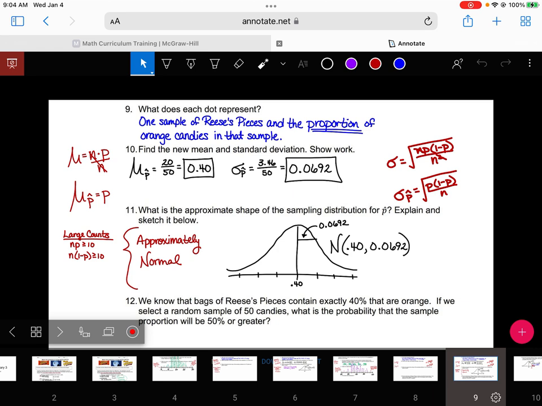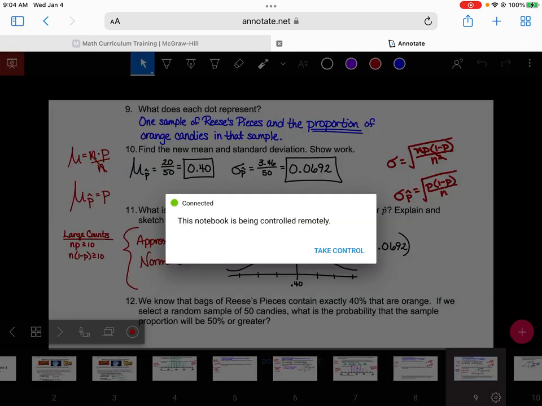One thing that I want to point out here too, looking right here at sigma for p hat, if I already know the old standard deviation, then I want to find the sample standard deviation.